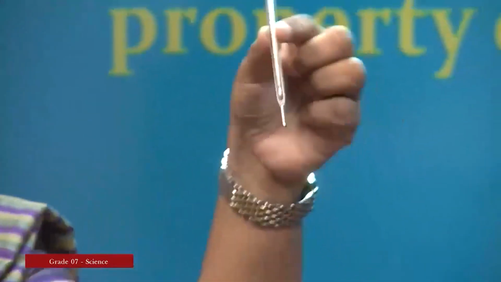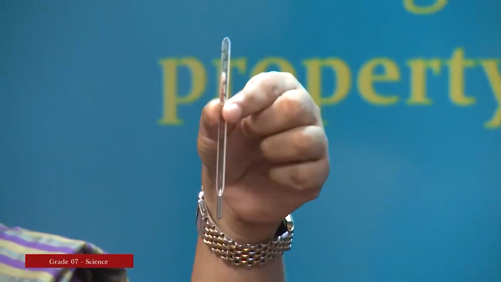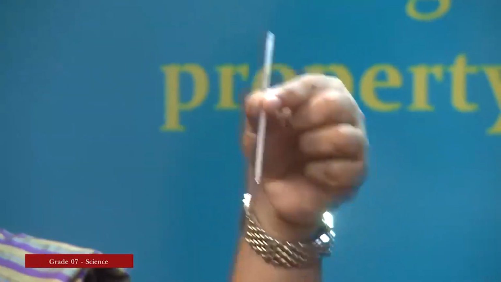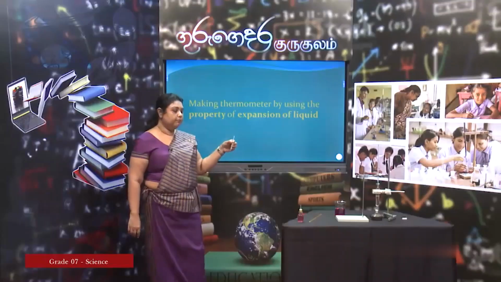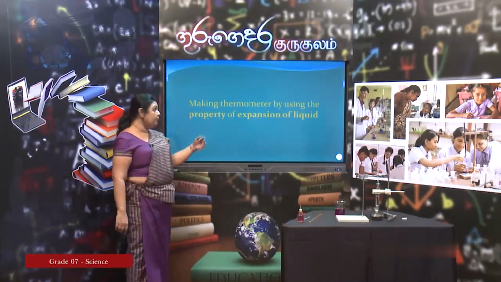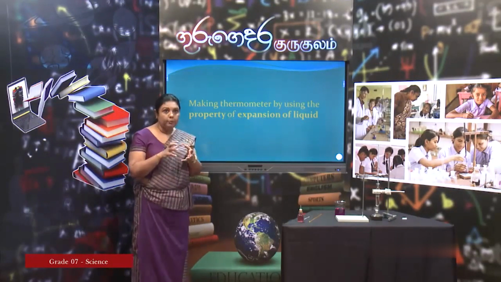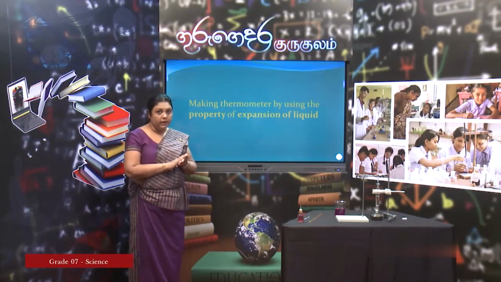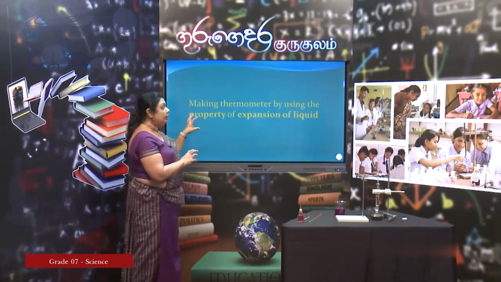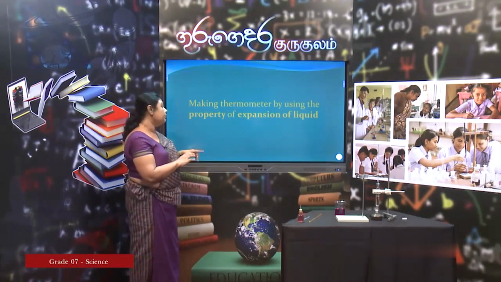With any type of liquid, this expansion ability is used to measure temperature. We will discuss this expansion power. It is a property. This expansion of liquid is a property. We use this property to make a thermometer to measure temperature.